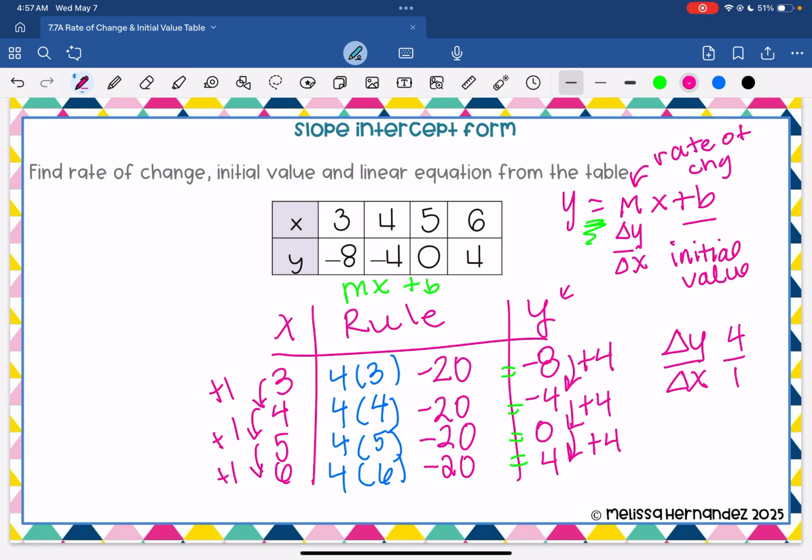So here I've got my rule of y equals mx plus b. So in other words, these points that are on the line, that's where they came from. The rule or the equation for the line would be y equals 4x minus 20. So in other words, we started off at -20, we went up 4 and went to the right 1, up 4 to the right 1.